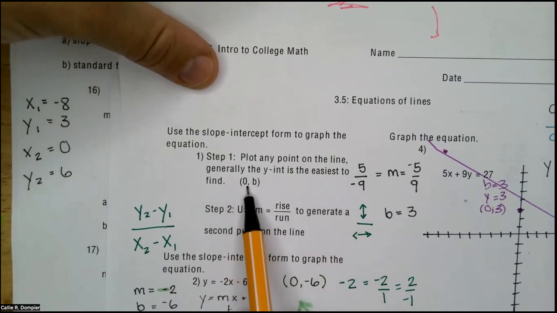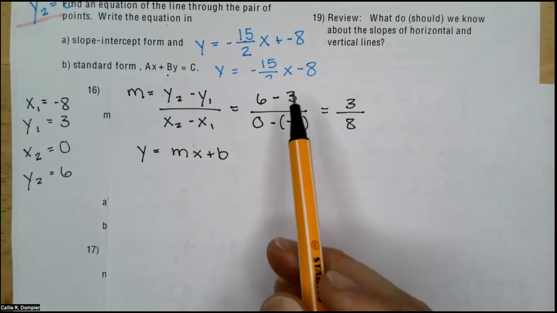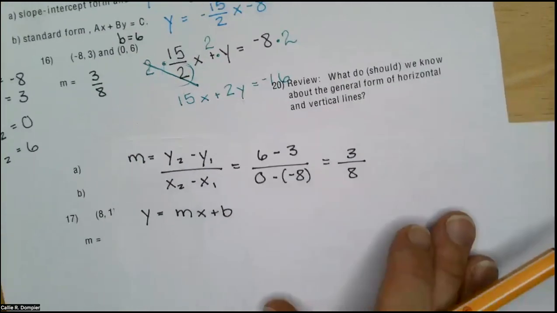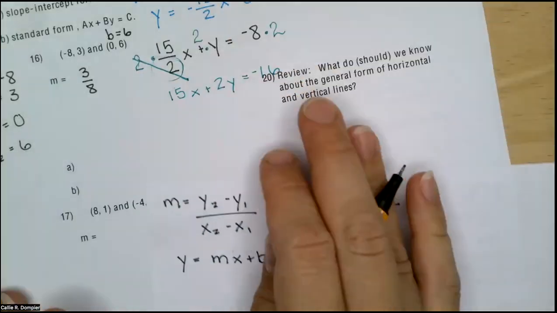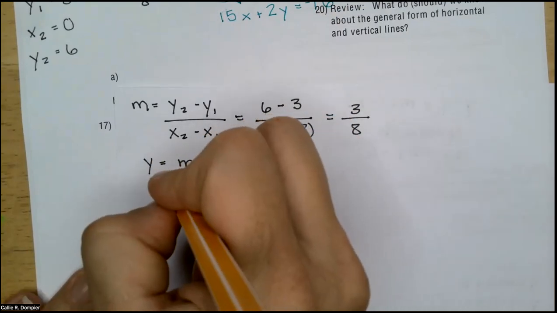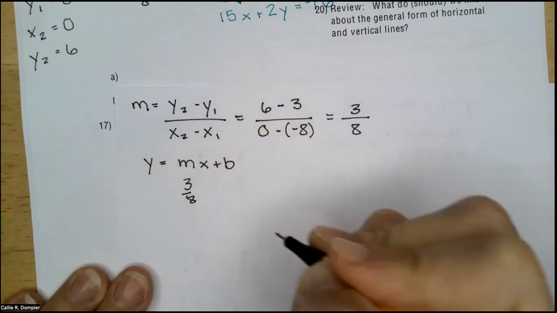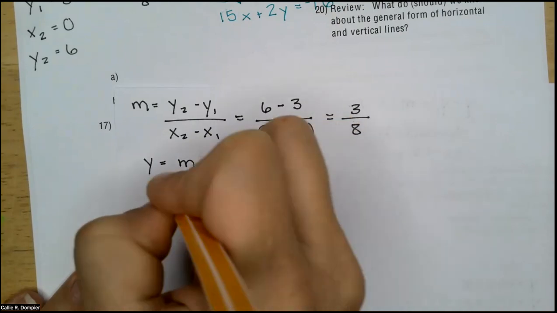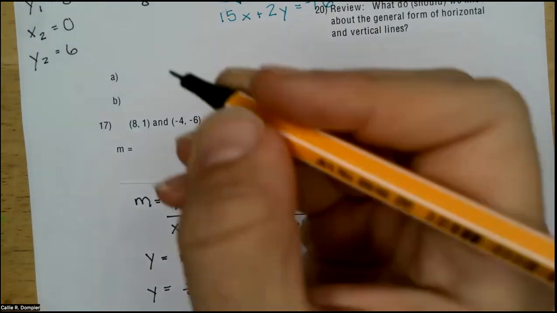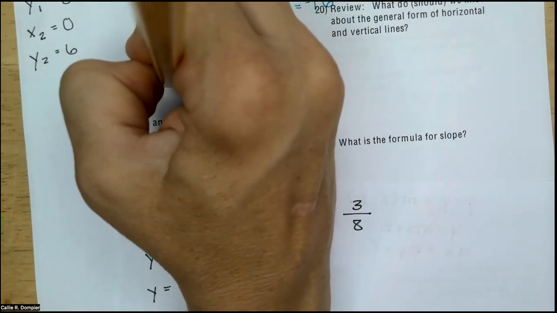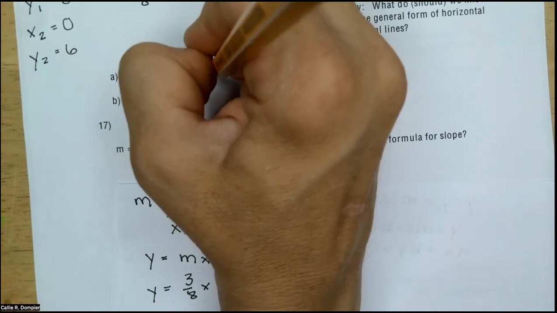It's going to be 0, comma, y-intercept. So because I have the point 0, comma 6, my y-intercept is 6. So I know my m is 3/8 and my b is 6. So slope-intercept form is y equals 3/8 x plus 6.